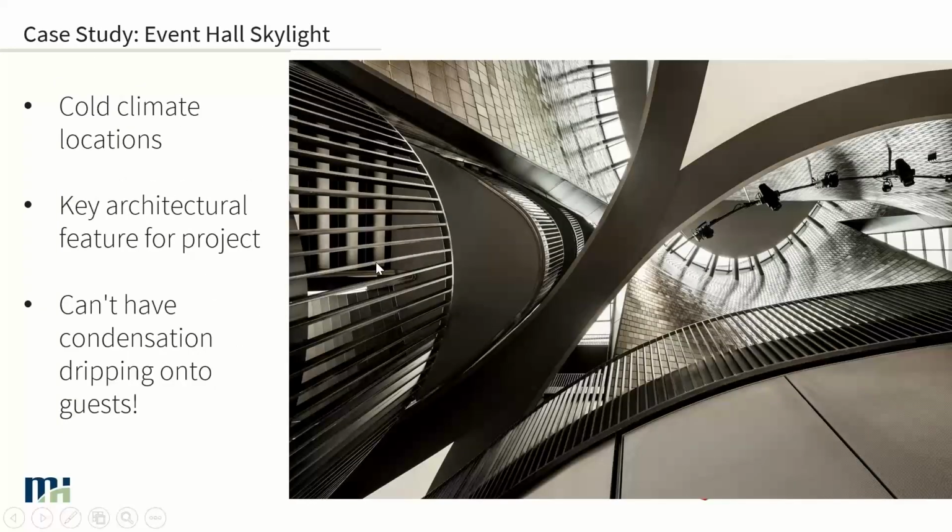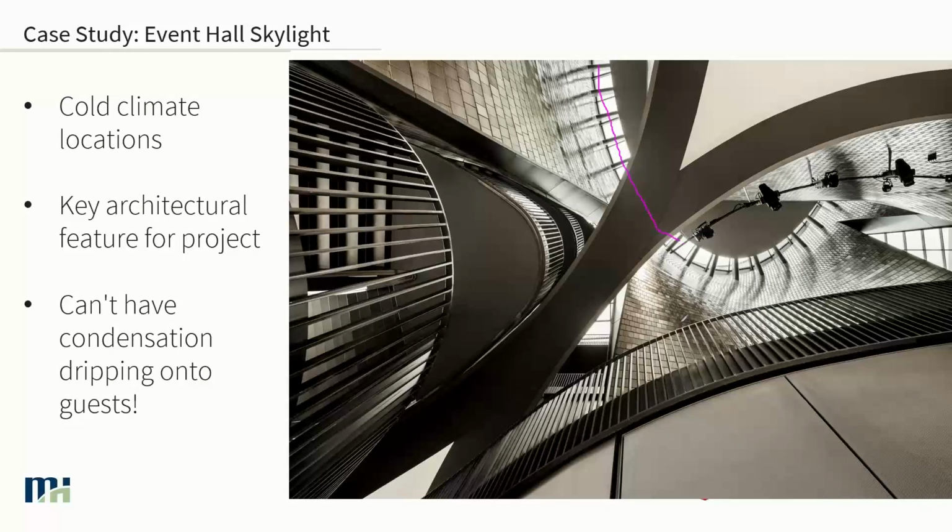Let's look at a case study of putting all of that assessment methodology together and really making it work on a project. In this case, we have an event hall that has some skylights. You can see this image is looking up, and you've got this whole row of skylights right along the top of the building.